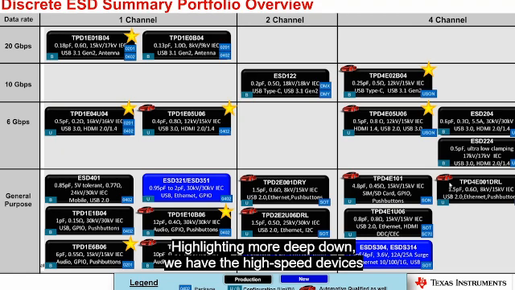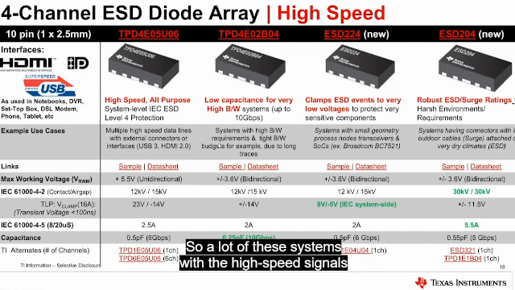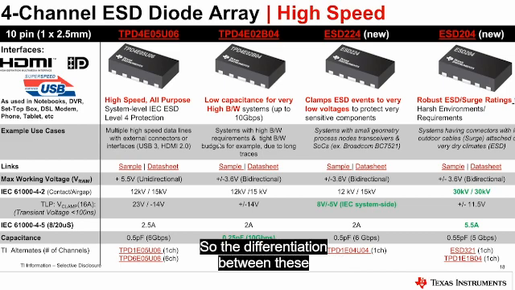Highlighting more deeply, we have the high-speed devices that we release. A lot of these systems with high-speed signals have multiple signal channels that the signal is spread out on, so they really enjoy these 4-channel devices in this nice flow-through package that allows very little signal integrity loss. The differentiation between these is that the 4E05E06 is a 5-volt device.